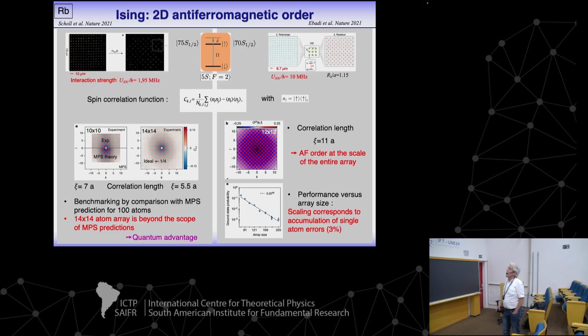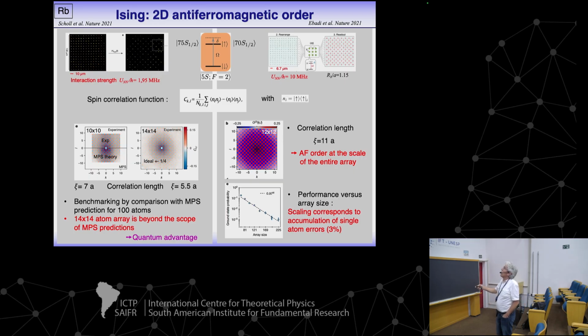So one step further in benchmarking this is to look not only at the individual state of the atom, but to measure, by analyzing the image, the correlations between the atoms, to have a measurement of the length over which they can observe antiferromagnetic correlation. So from the data, they calculate this number, where n is the number of Rydberg atoms at a given site, so it's either 0 or 1.